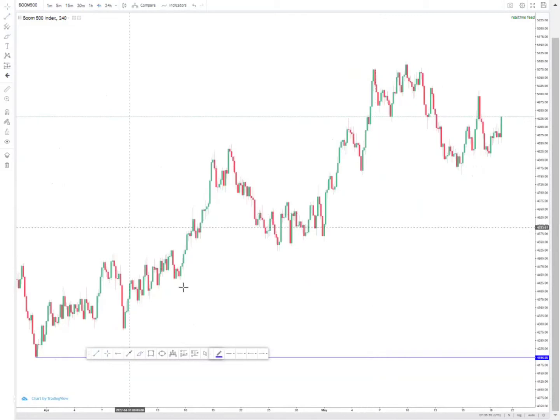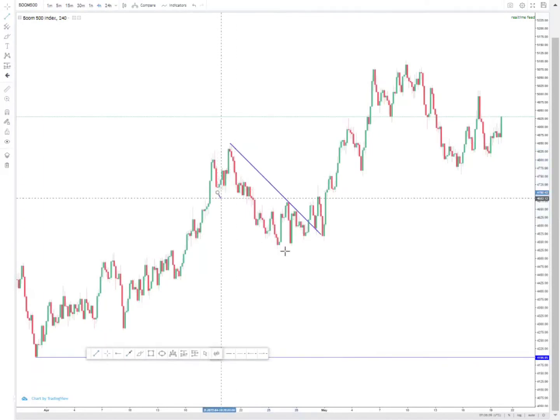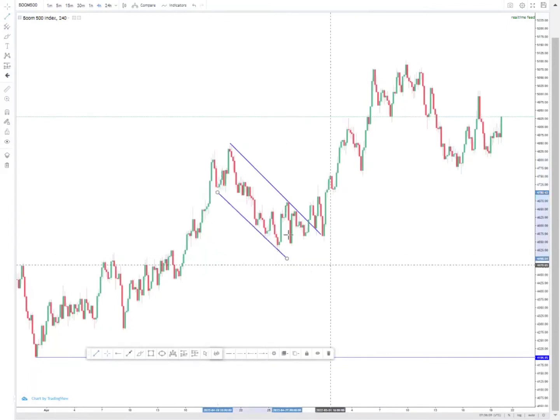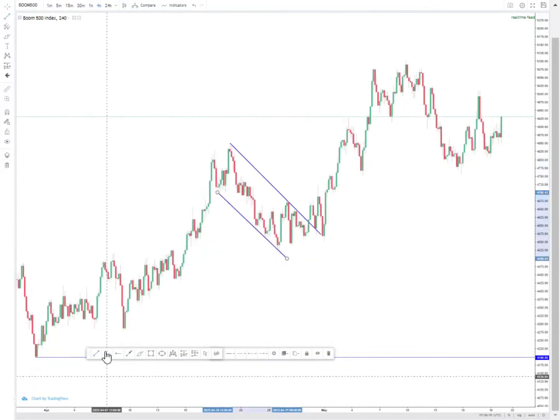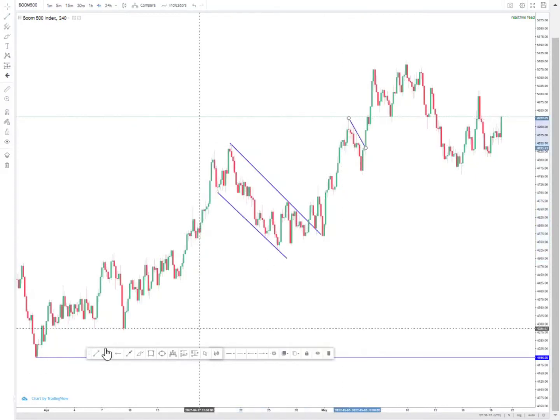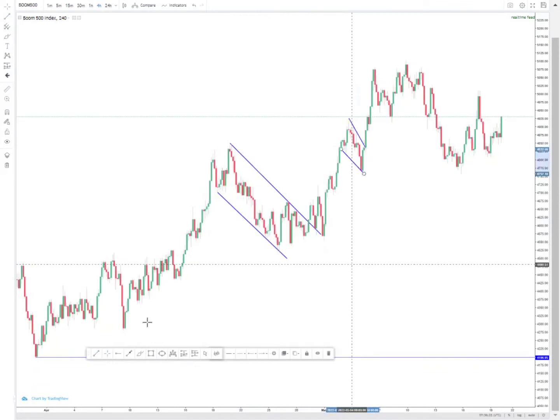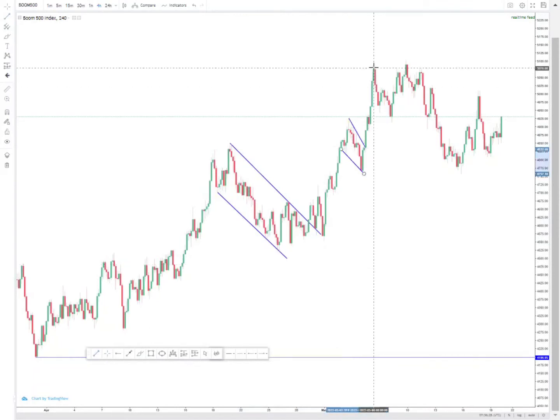So we had this impulse, and then we had this big correction here. And then the next thing, it was an impulse to the downside. As you can see, we had this small correction here, and then we had an impulse, and then we had this.